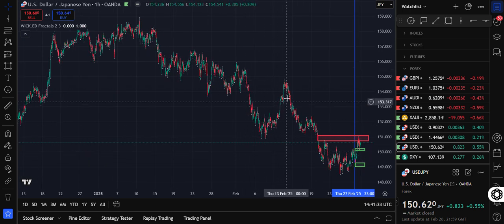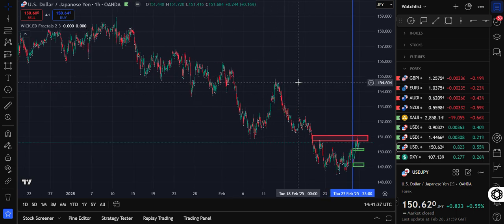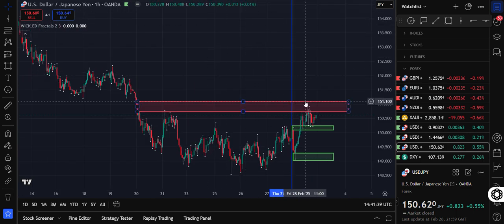This is where we had a bit of a push up, but we found rejections here, and we've not broken any highs since then, until this day here, Friday, where we found a bit more support. We broke this high, we didn't get a close, we got a sweep, and then it looks like we are starting to find support here.